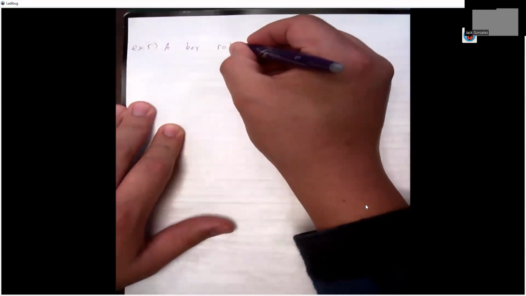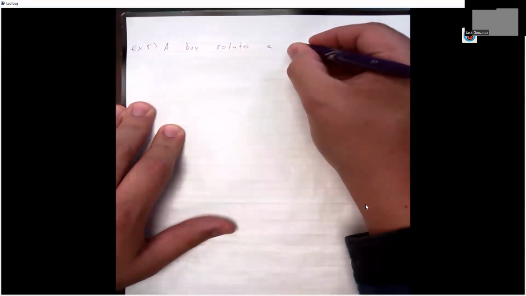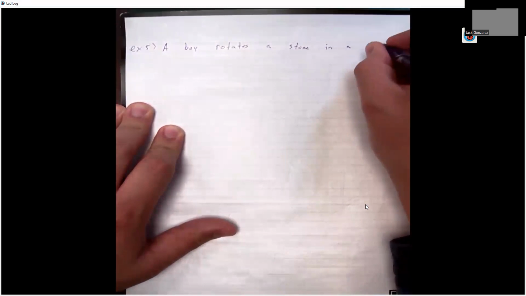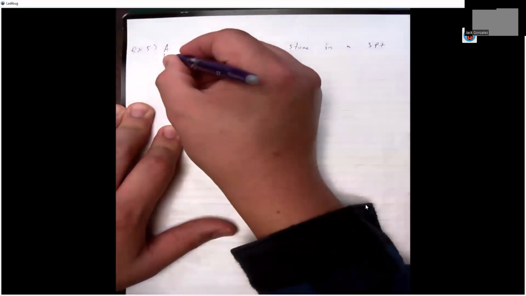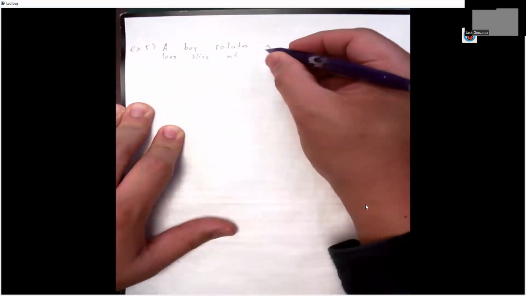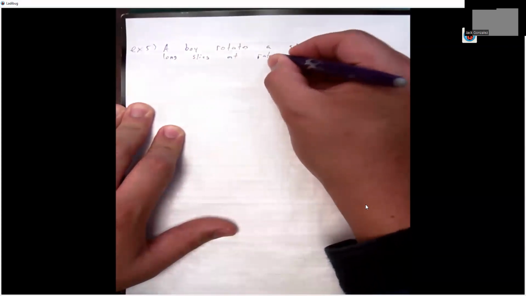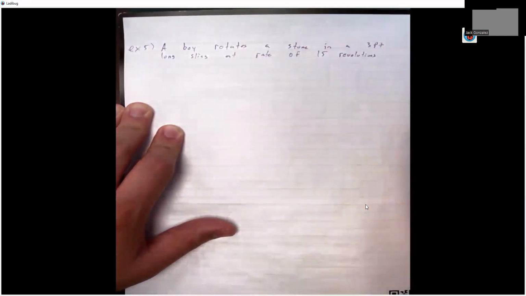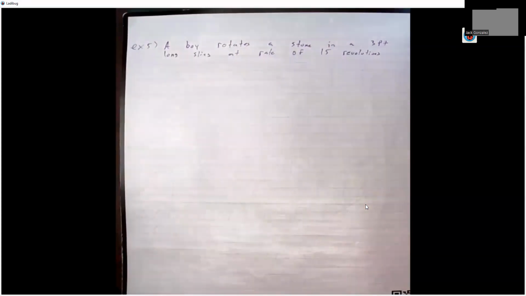So a boy rotates a stone in a 3-foot long sling. It's like a little slingshot thing, old school sling, a David and Goliath kind of thing.